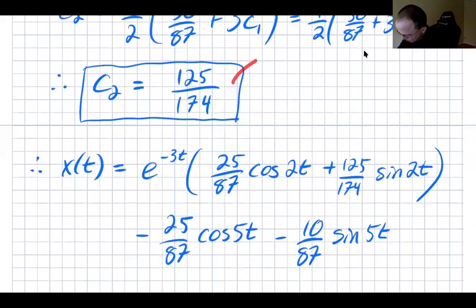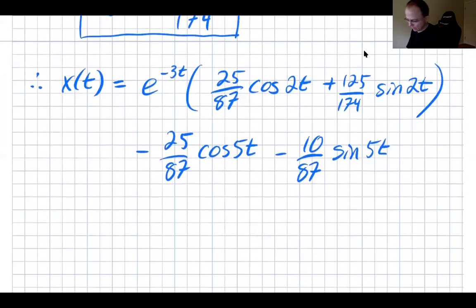And oh, I forgot to update. Oh no, that's right. Yeah, I think this is all correct now. Yes, so this is all correct. So we got the right thing here. Okay, perfect.